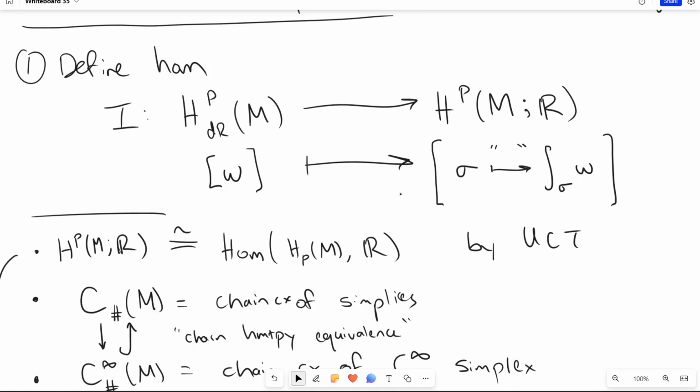Now, there's a few things to check. We want to check that this is well defined on the equivalence relation. I guess we should also check that this map is a cocycle. And that's not hard to see.